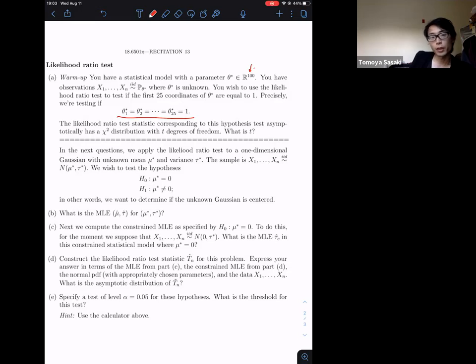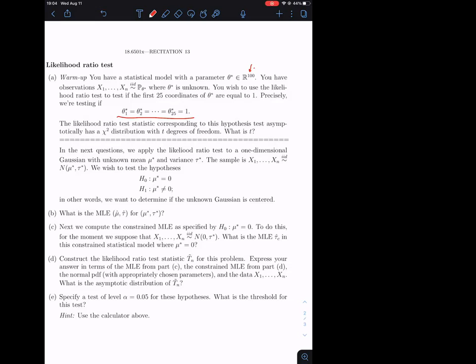What is the degrees of freedom of this chi-square in this particular scenario? That's the question. Do you have any questions?